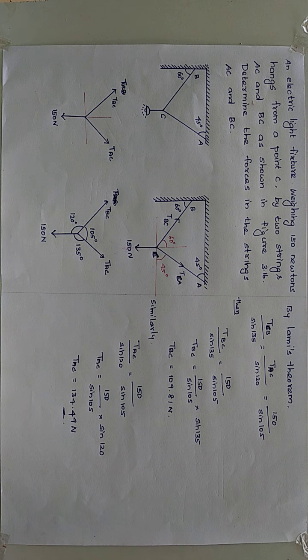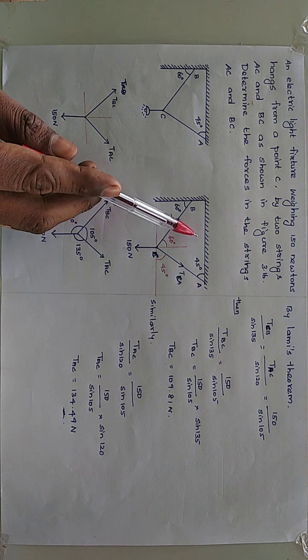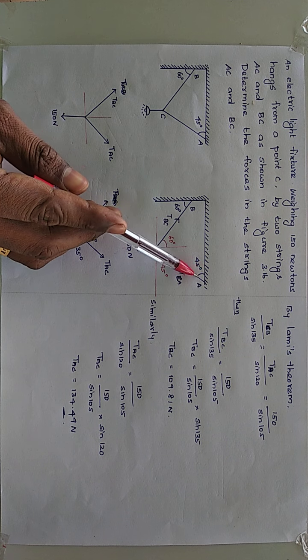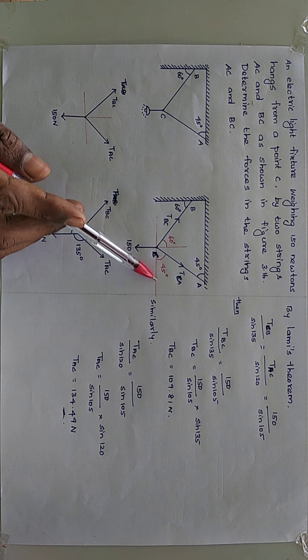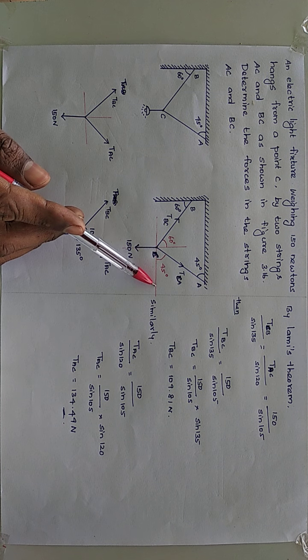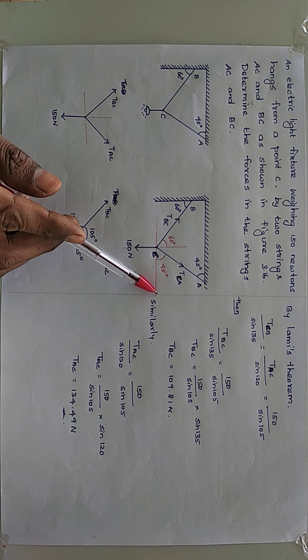So how to find them from the given diagram? So listen. We need to know the angle between the forces. For that, see this diagram, 45 degree, right? This line is a horizontal line, so draw here also one horizontal line.